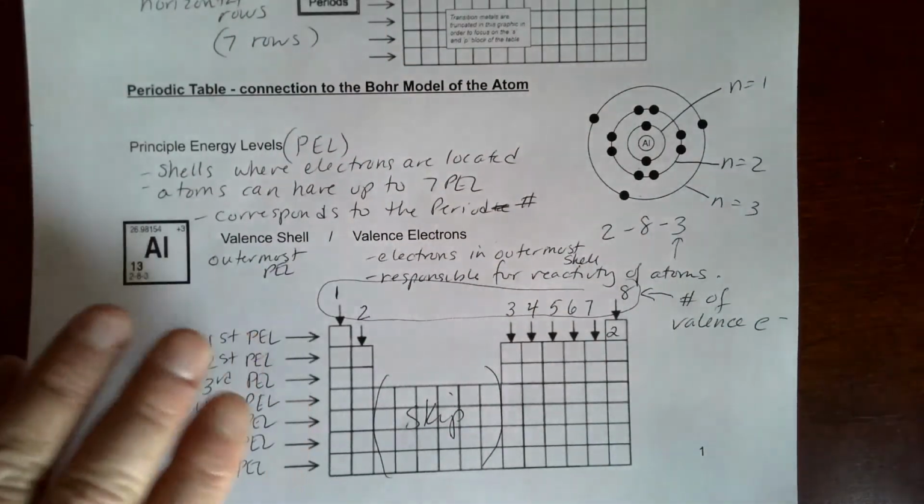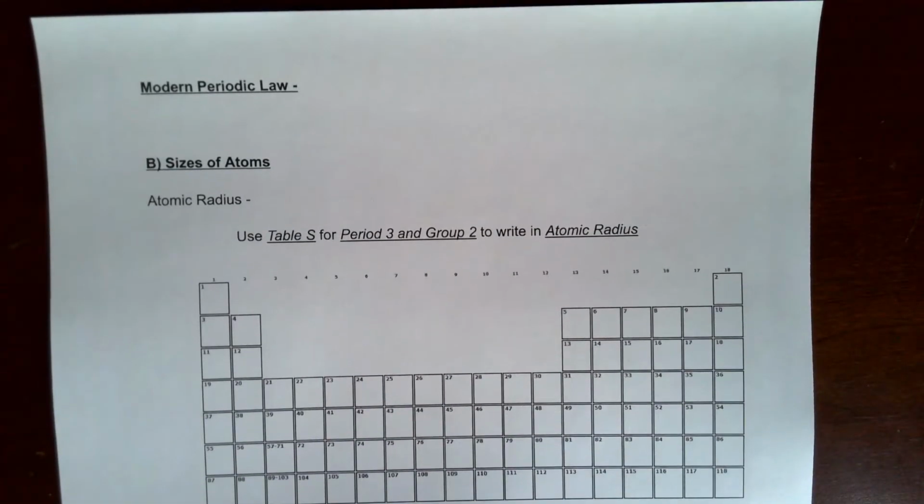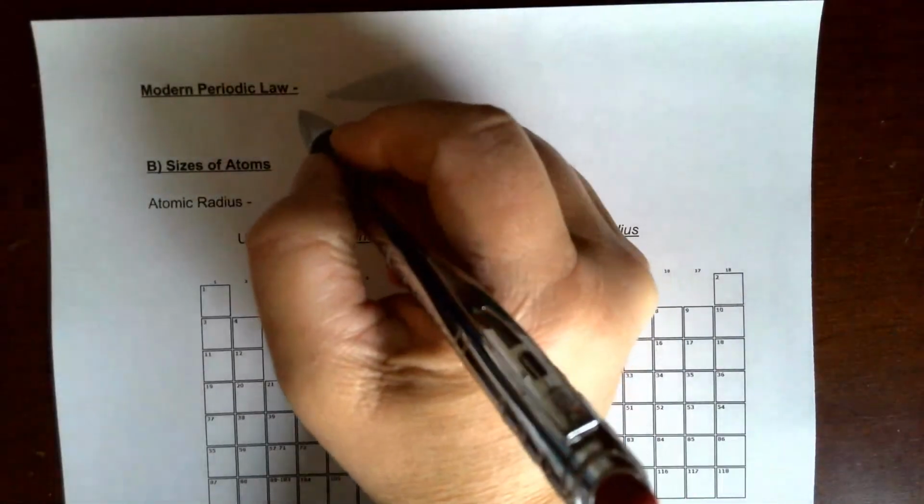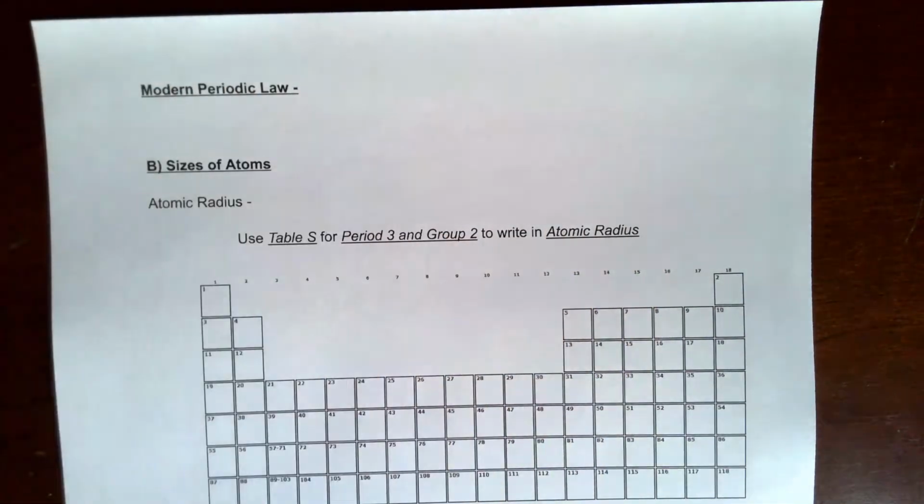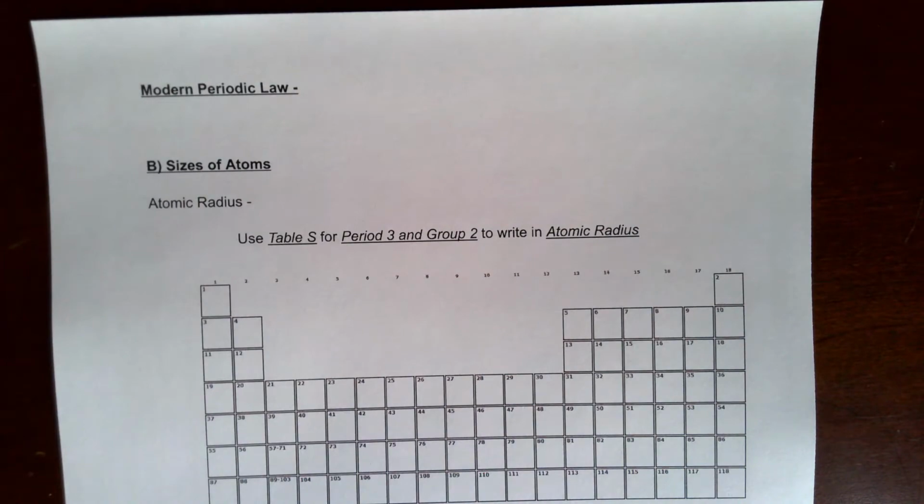Well, the advancement of science in 1911 with Ernest Rutherford was that protons had been discovered. And so this brings us to the modern periodic law, which talks about organizing elements based on their atomic number, not their atomic mass.